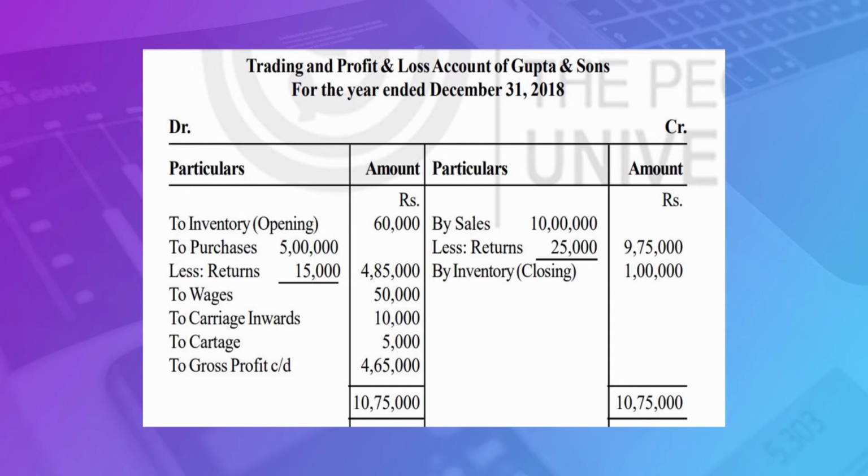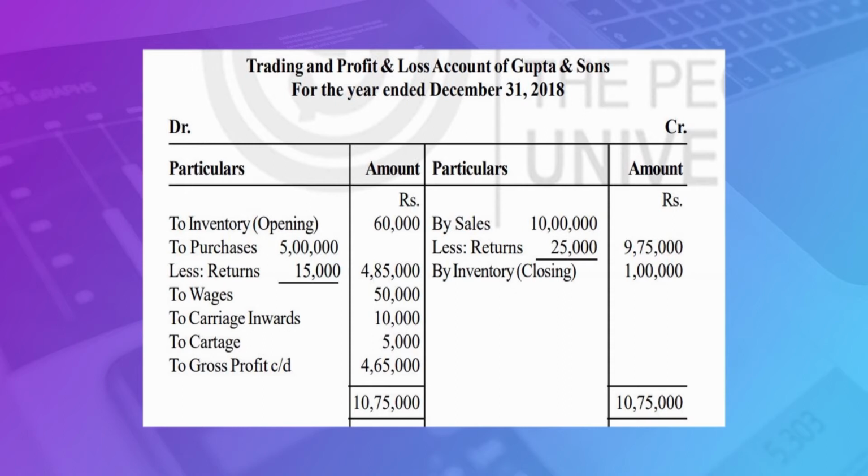First one is the trading and profit and loss account of Gupta and Sons for the year ended 31st of December 2018. So, this is what we have, the left hand side, that is the debit side, and this is the right hand side, what we call the credit side.